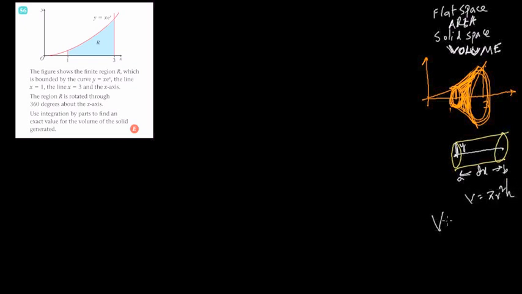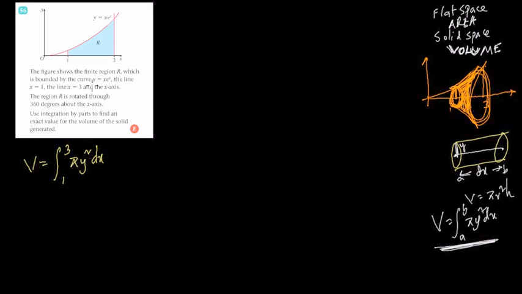By integration we do this, limit a to limit b, pi, radius is y squared, height is dx, so pi y squared dx is how you do the volume. For this particular sum, we know the limit is from 1 to 3, so we write the limit 1 to 3, pi y squared dx.